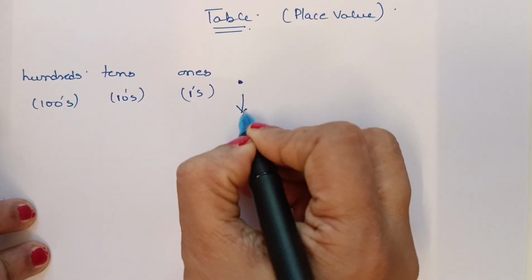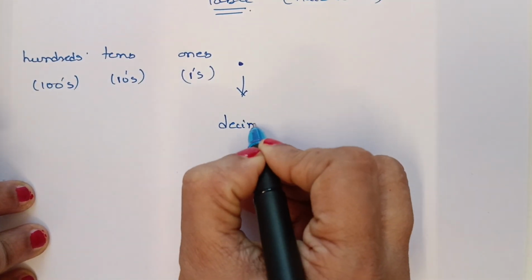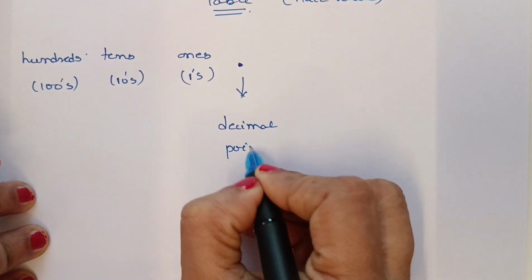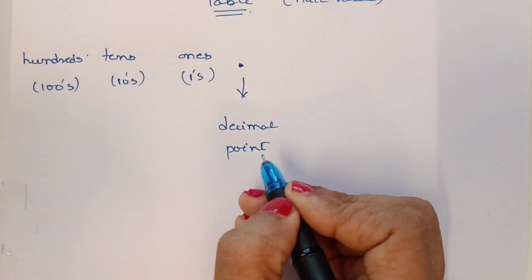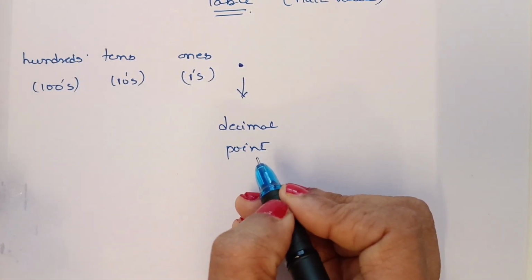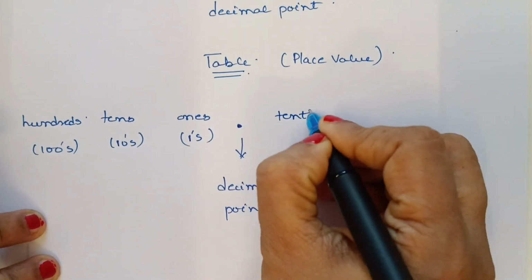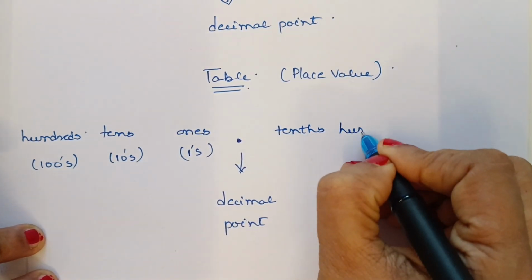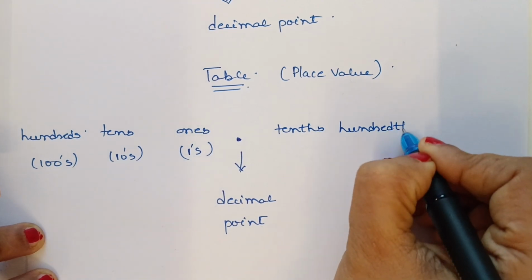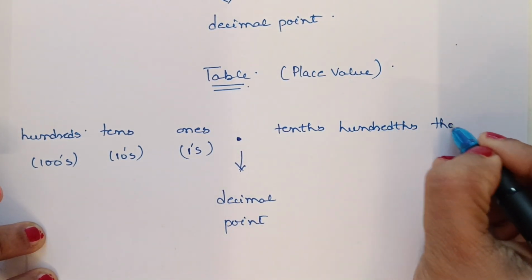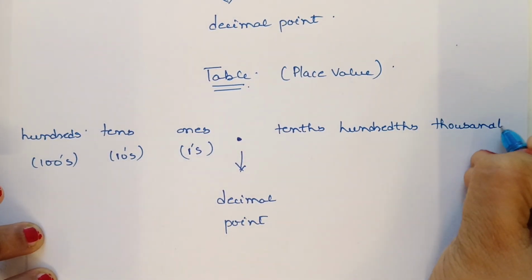Now this is called as what? Decimal point. Towards the right hand side, what we usually write? Now we are going to write tenth, hundredth, thousandth.